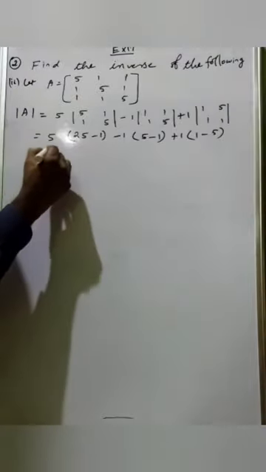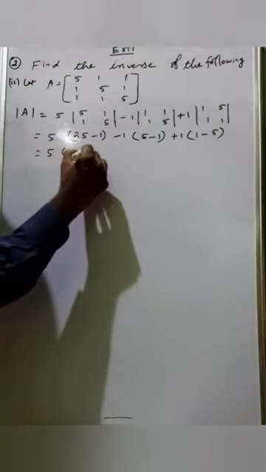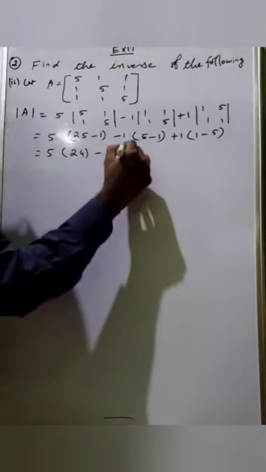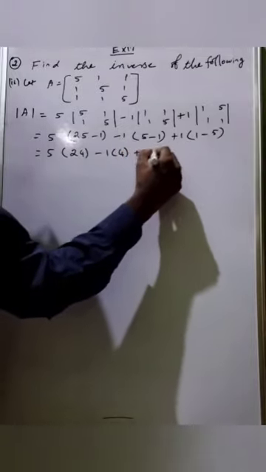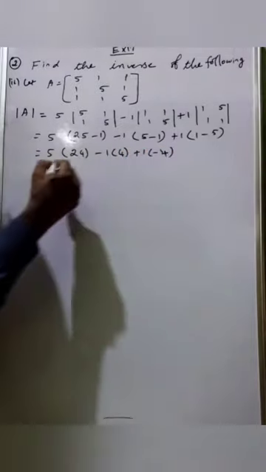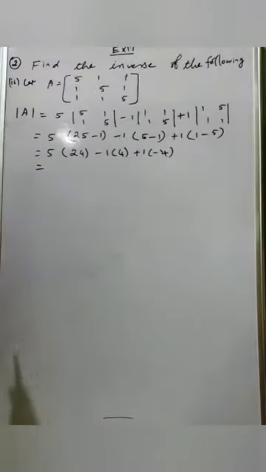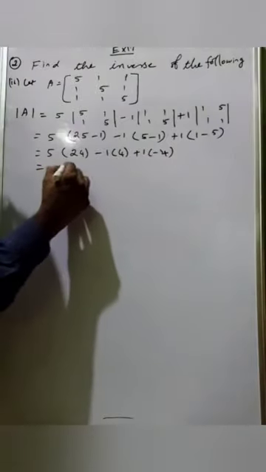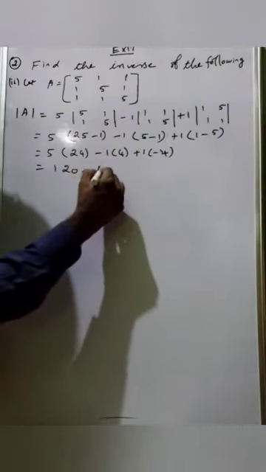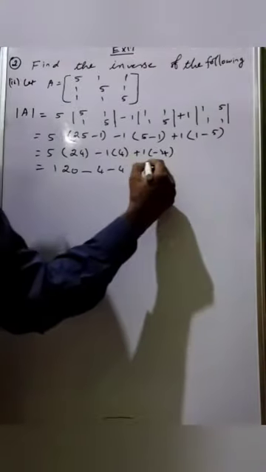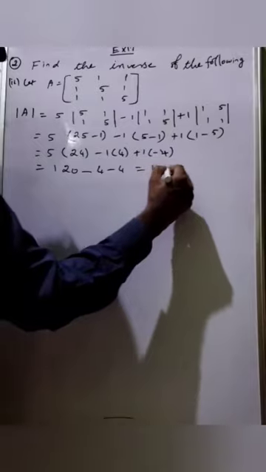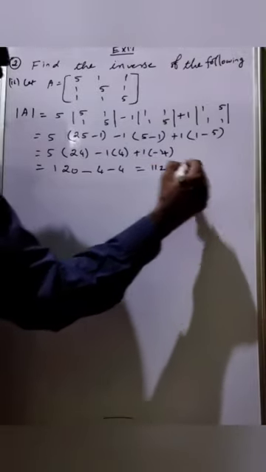Then here 5 into 24 minus 1 into 4 plus 1 into minus 4. Now multiply: 5 times 24 is 120, minus 4, minus 4. So 120 minus 8, 112, not equal to 0.